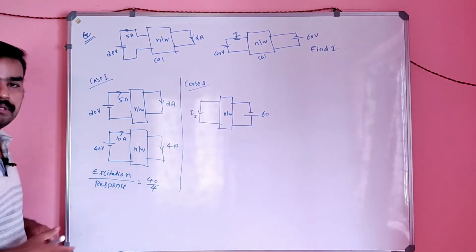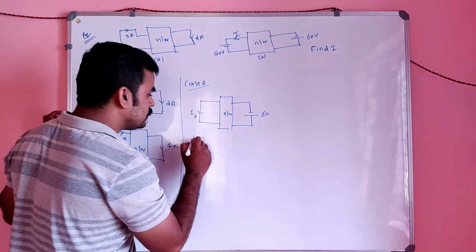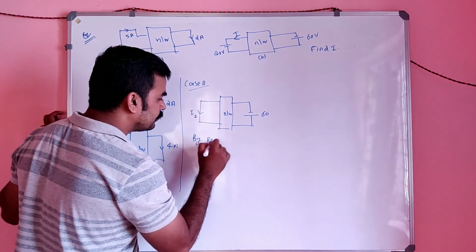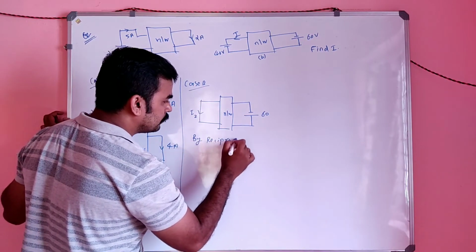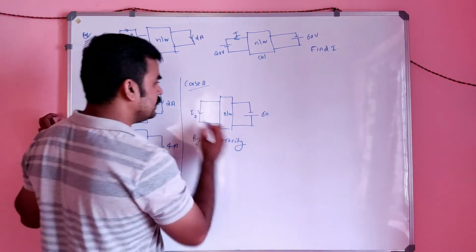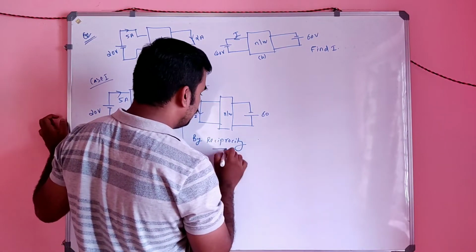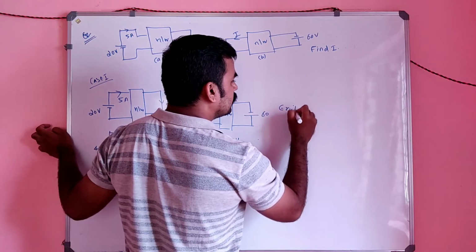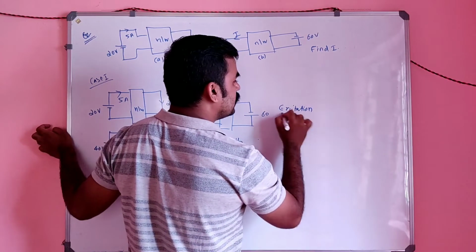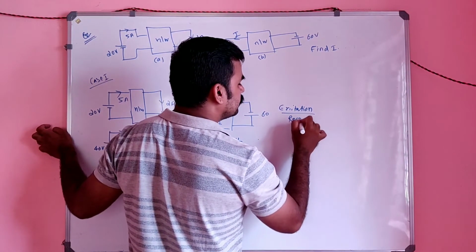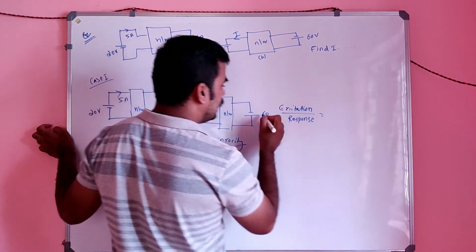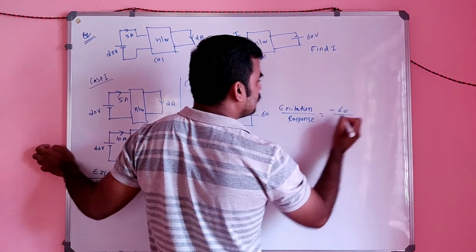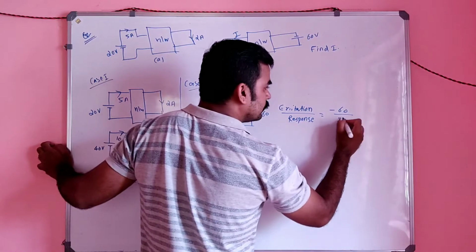So according to the reciprocity theorem, this can be right, no? By reciprocity, here the excitation divided by response is what? Excitation is nothing but minus 60, response is nothing but I2.